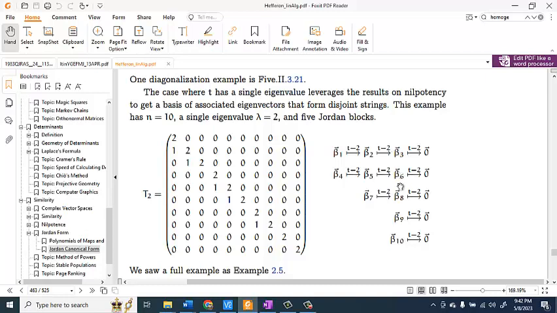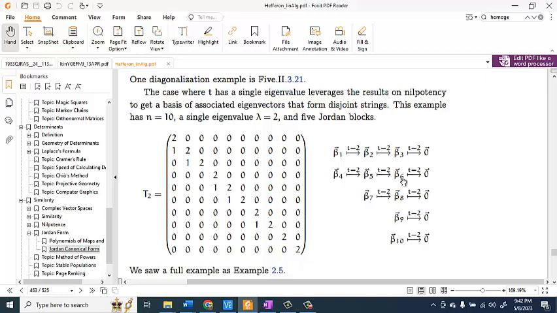Notice that all the last vectors in the string are eigenvectors. This 0, 0, 1 is an eigenvector. You can verify that. This one here, 0, 0, 0, 0, 0, 1 is also an eigenvector. These two are both eigenvectors.